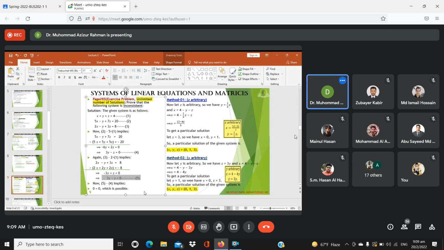Now if you subtract 4 from 5 or 5 from 4, it doesn't matter, you will get 0 equals 0. If you subtract 5 from 4, 3y cancels, z cancels.